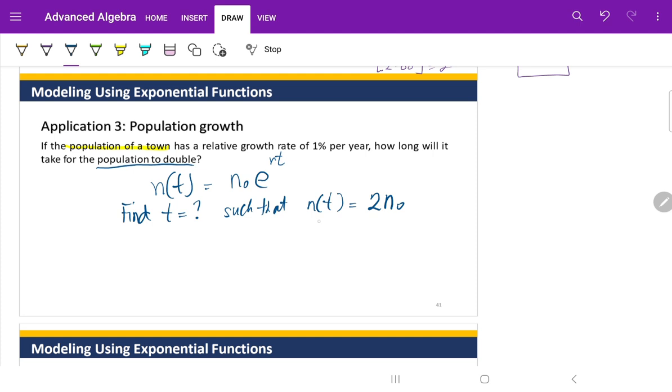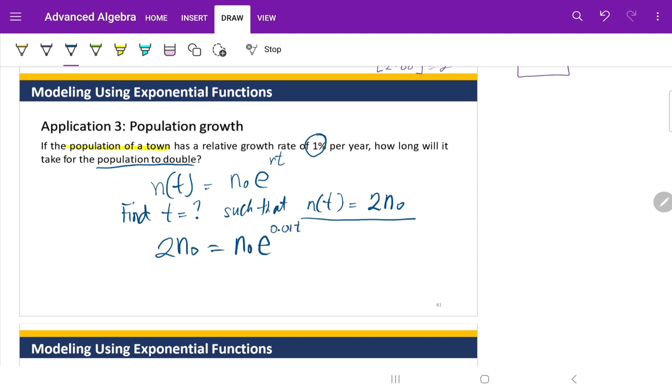Substituting this relationship into our model, we have 2 N naught is equal to N naught times e raised to r t, where r is given as 1%, that's 0.01, times t.